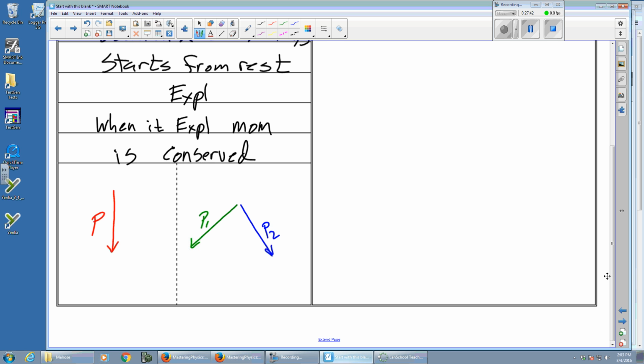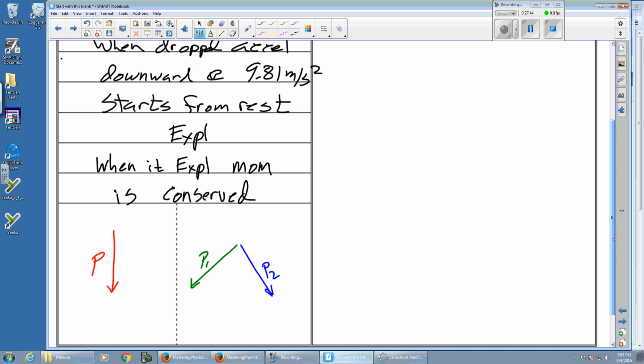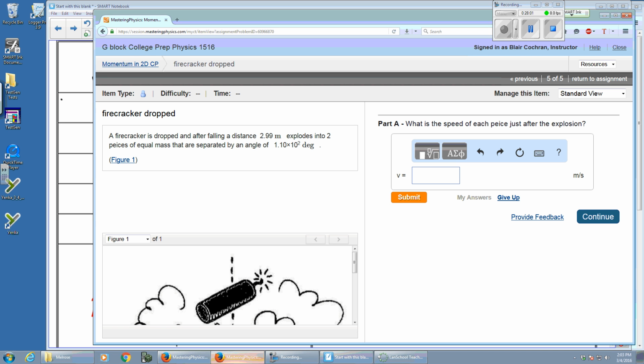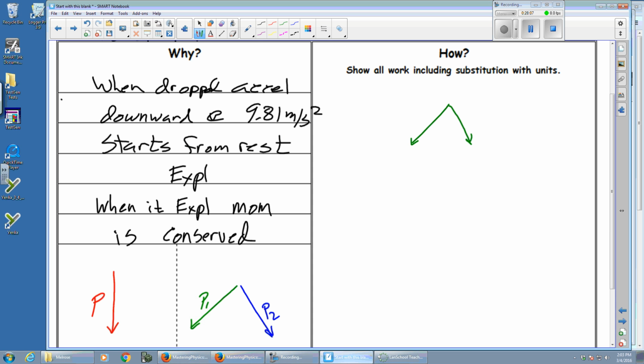So that's what we're going to do over here. I'm going to do a little sketch here. P2 goes that way. I'm going to draw them the same color, I know they're the same size. They go that way. It tells me mine is 110 degrees. So this in here is 110 degrees.